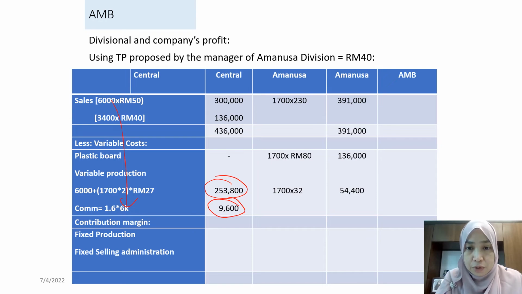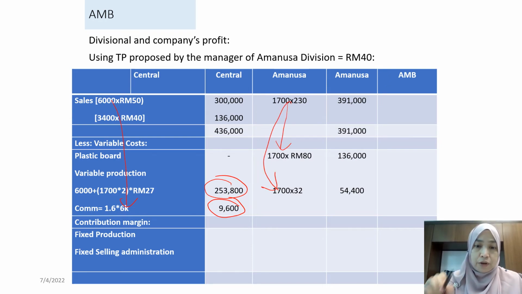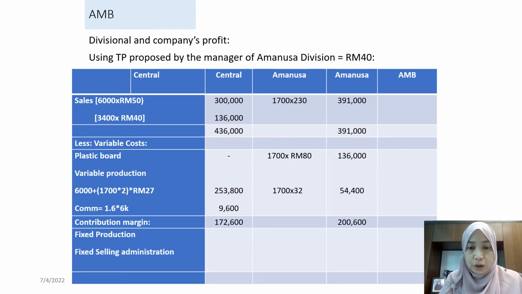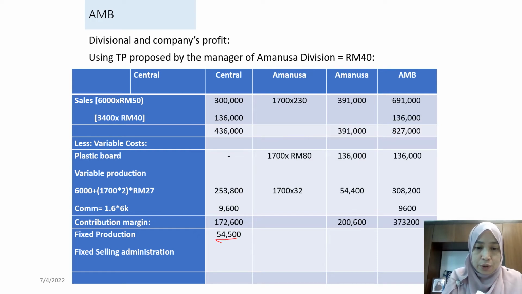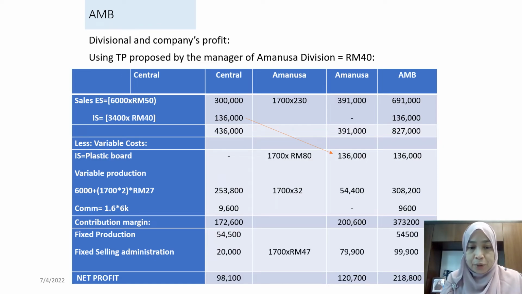And then for Amanusa division, the other variable production you calculate based on demand. Then you calculate contribution margin minus fixed cost. Fixed cost, this one we copy from the first table, and the fixed selling admin we calculated earlier, 20,000, for central division.